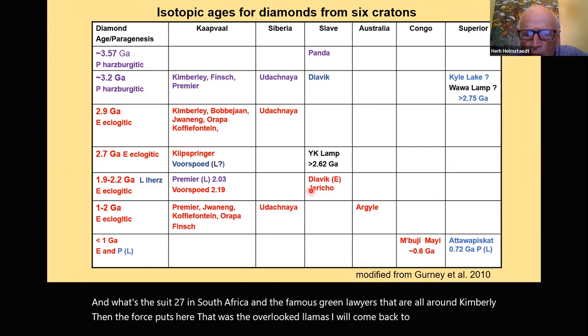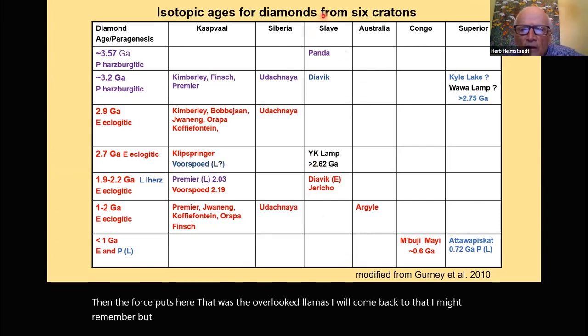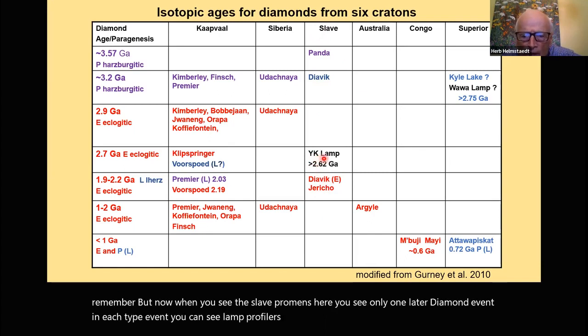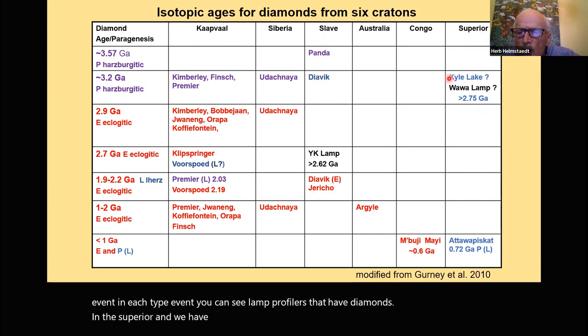But now when you see the Slave Province here, you see only one later diamond event, an E-type event. You can see lamproites that have diamonds. In the Superior, we have two ended. We have some that are here and questionable.